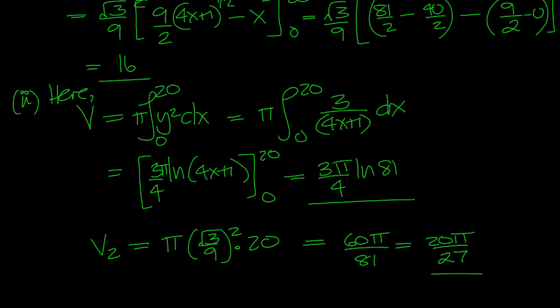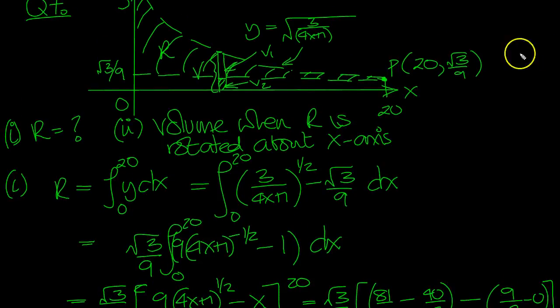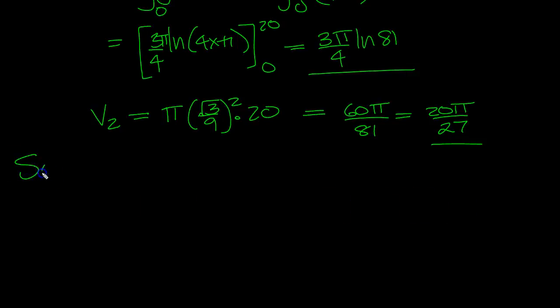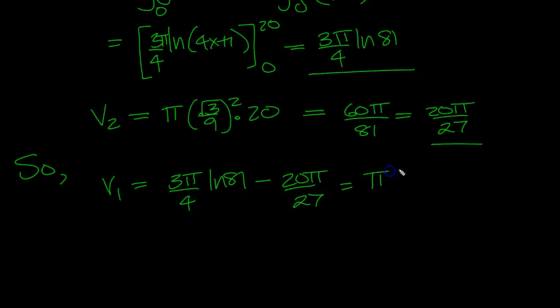That's V2. So the V1 then, which is the difference between this volume and that volume, is 3 pi over 4 ln 81 minus 20 pi over 27. That's what I think it would be.